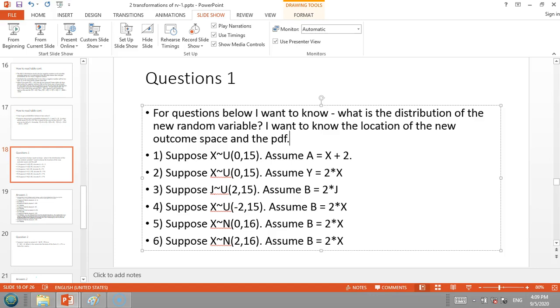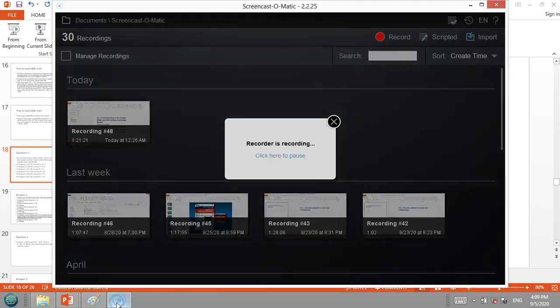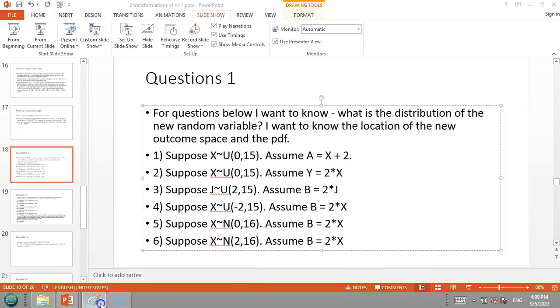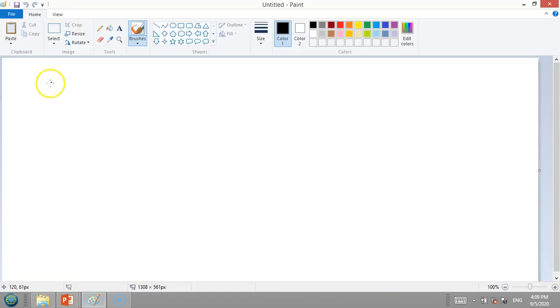Okay, so what do you do? Well, let's draw it. Suppose x is uniform between 0 and 15. Assume a is x plus 2. So x is uniform between 0 and 15.